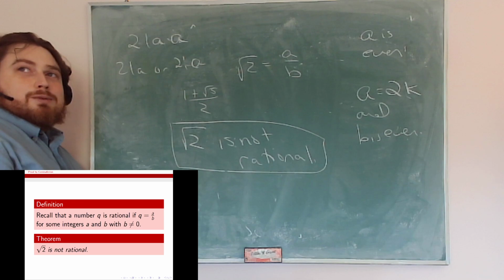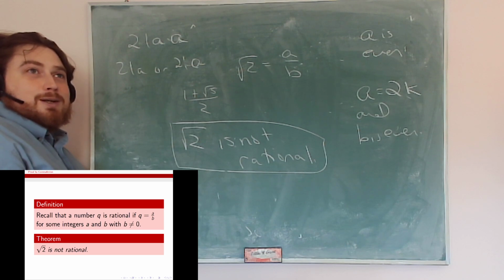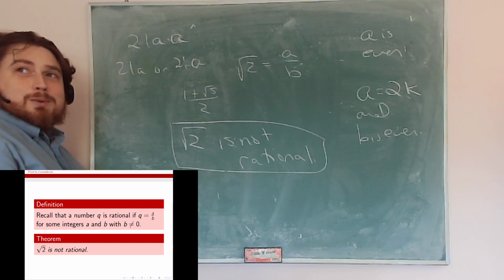So their core belief that every number was rational, they were able to disprove. And I think it's the only time ever that a religion has disproven its own basic tenet. So I thought that's a very neat story. Take it for what you will, but there you go.